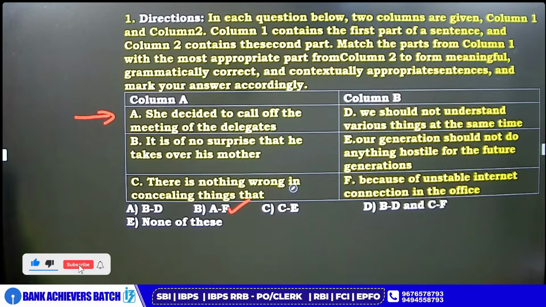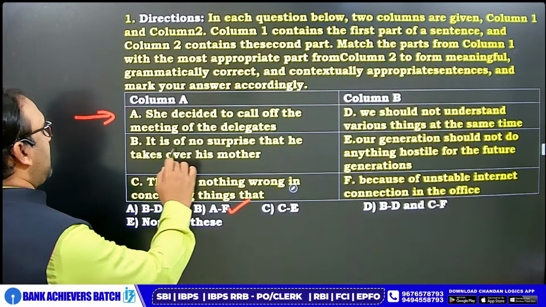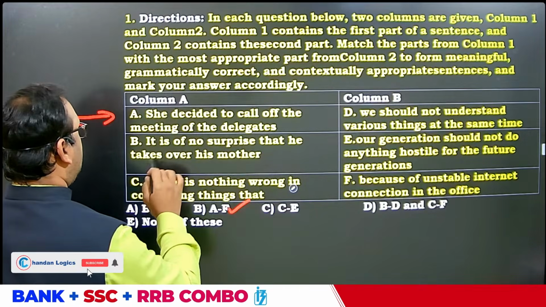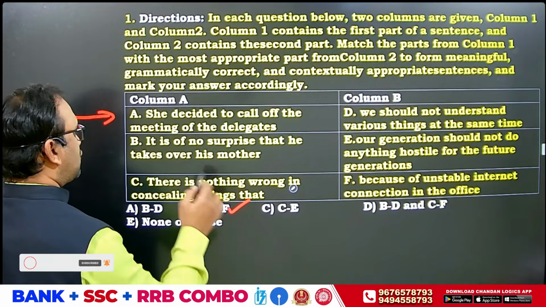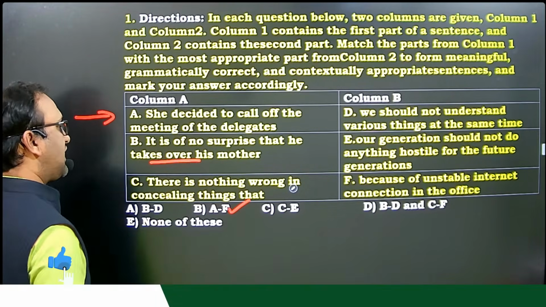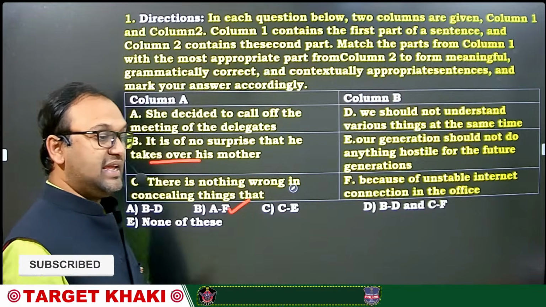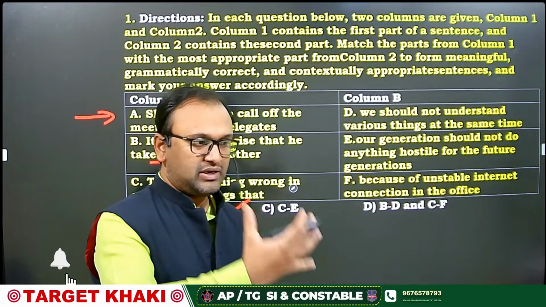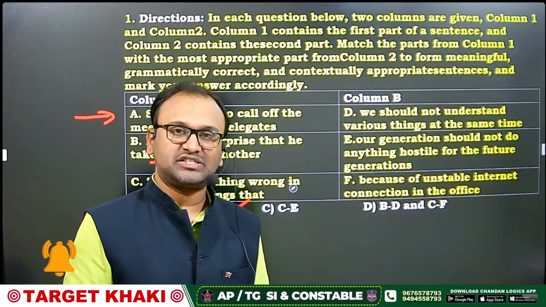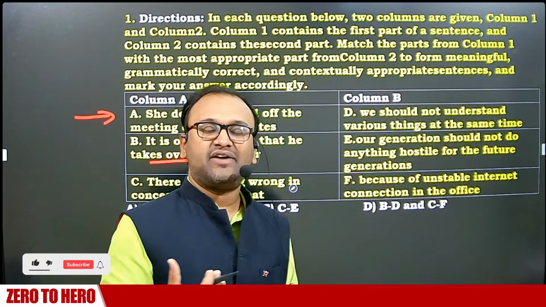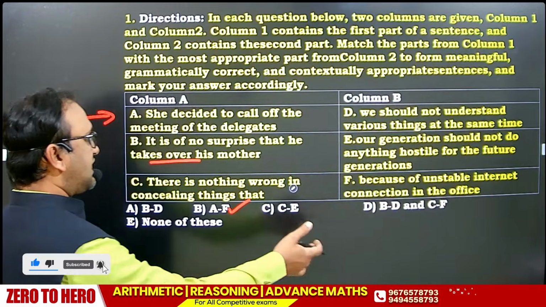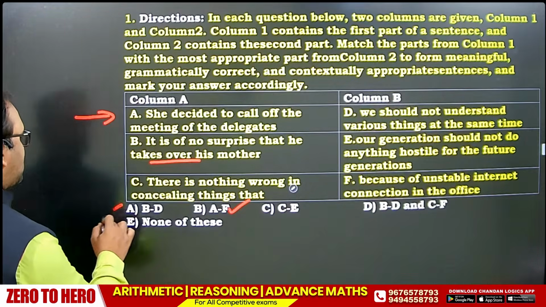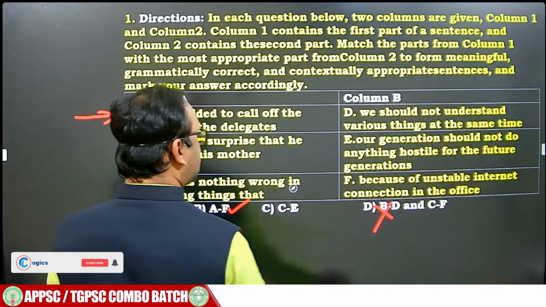For example, you try the B sentence. It is of no surprise that he takes over his mother. Usually takes over his mother means he has complete takeover, he has control over his mother, he is having the decision making power about his mother. But then what happens next? B is not matching to anything. So naturally this is gone.